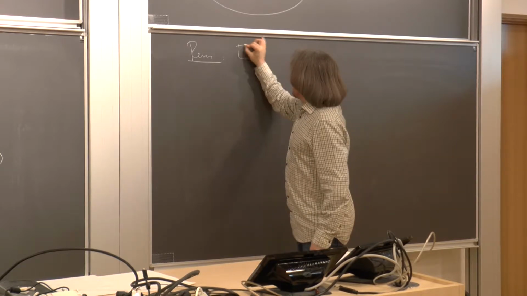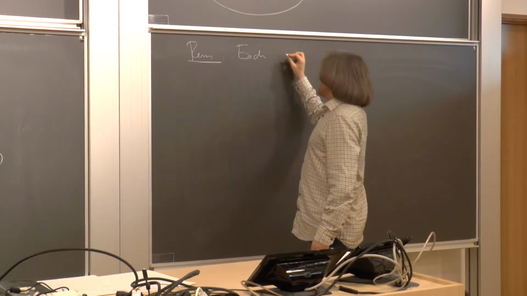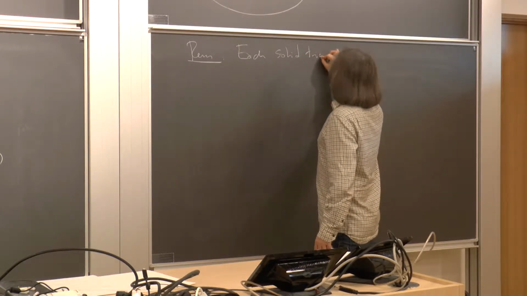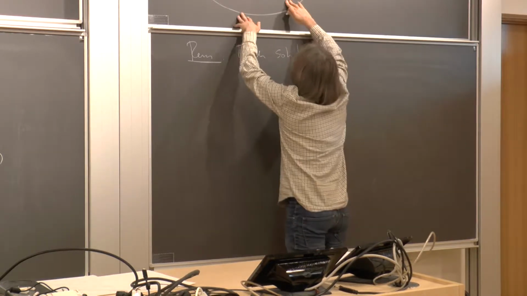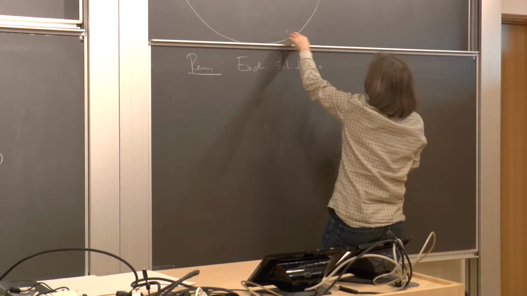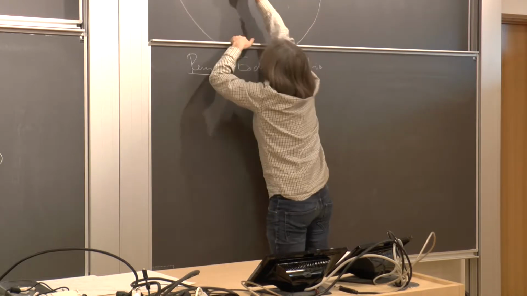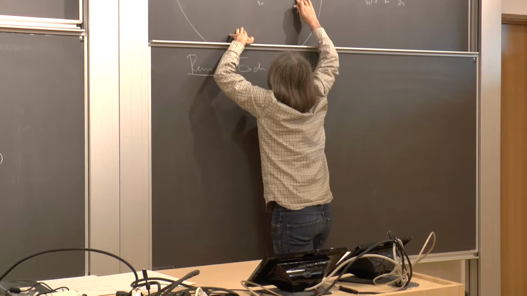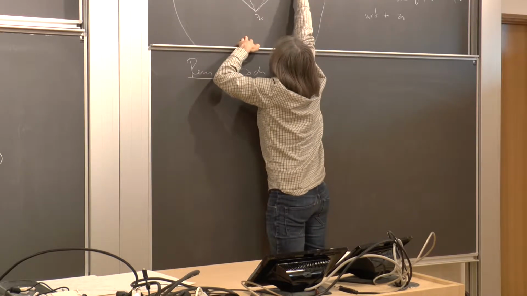So each straight line triangle, solid triangle. Oh, no, I don't like this. Yes, sorry about this. This will be Z1, and this will be Z2, and this will be Z3.